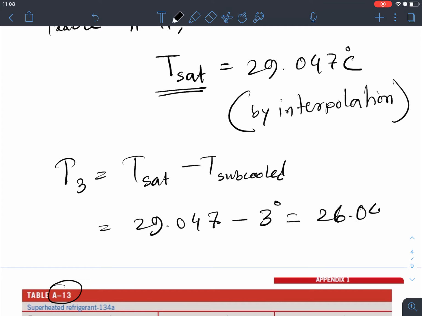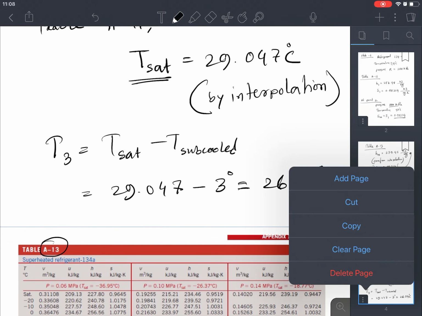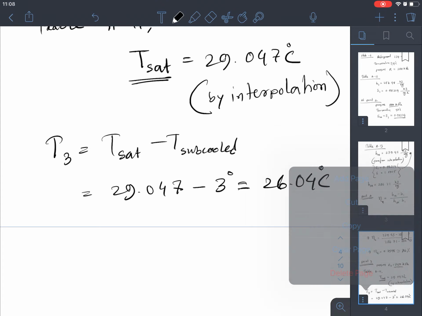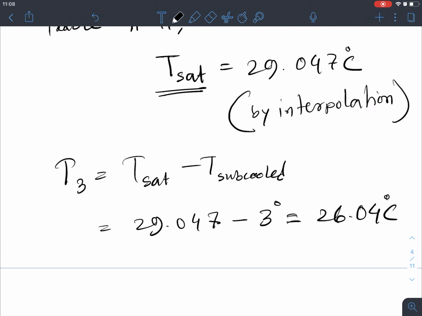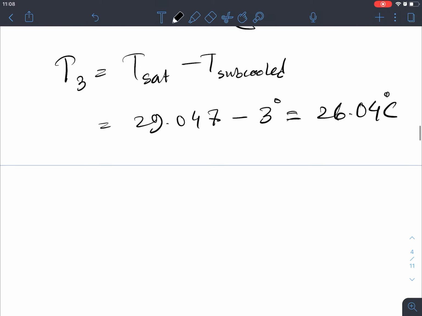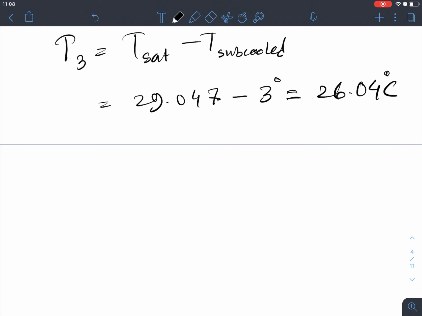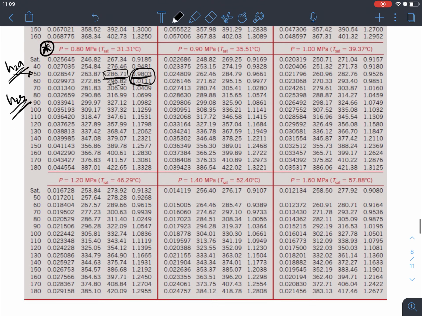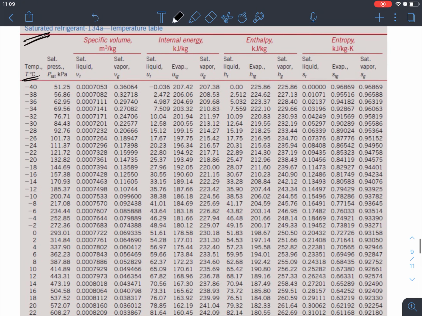Now we know the temperature and pressure at point 3. We can get H3 from the same table A11.